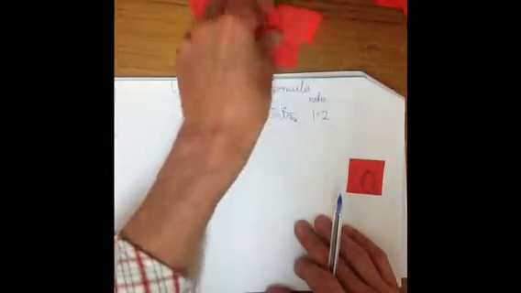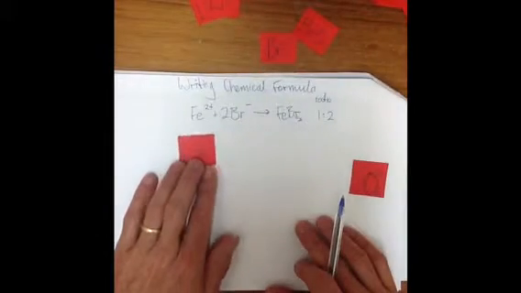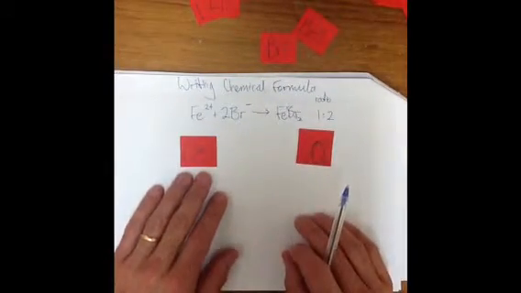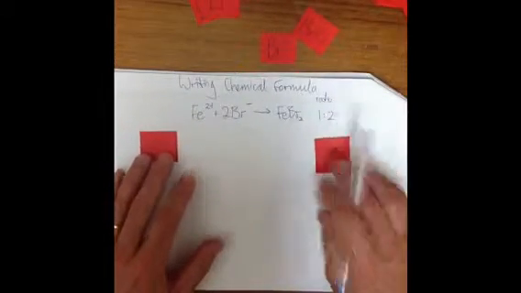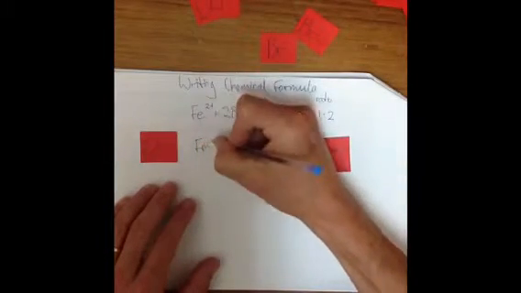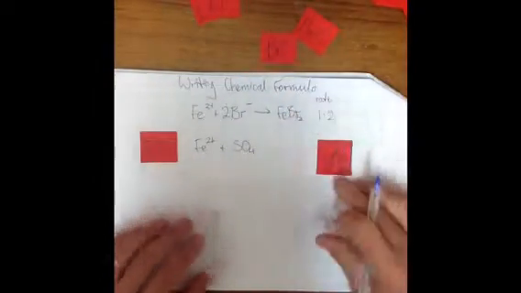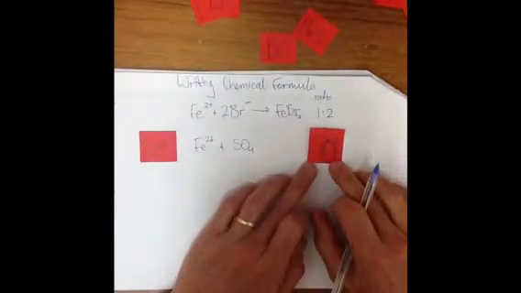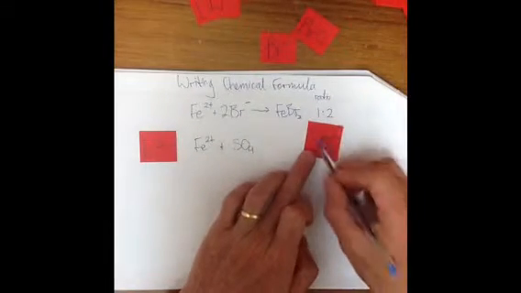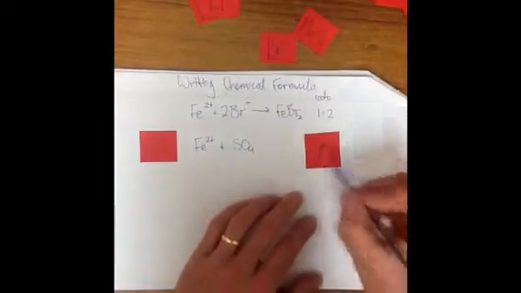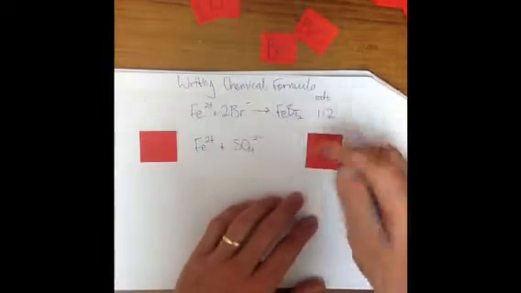If we were to combine the Fe 2+ ion with a sulfate ion, again we can write down Fe2+ plus SO4. This is called a polyatomic ion because there's more than one element making up the ion, and that's a 2-.